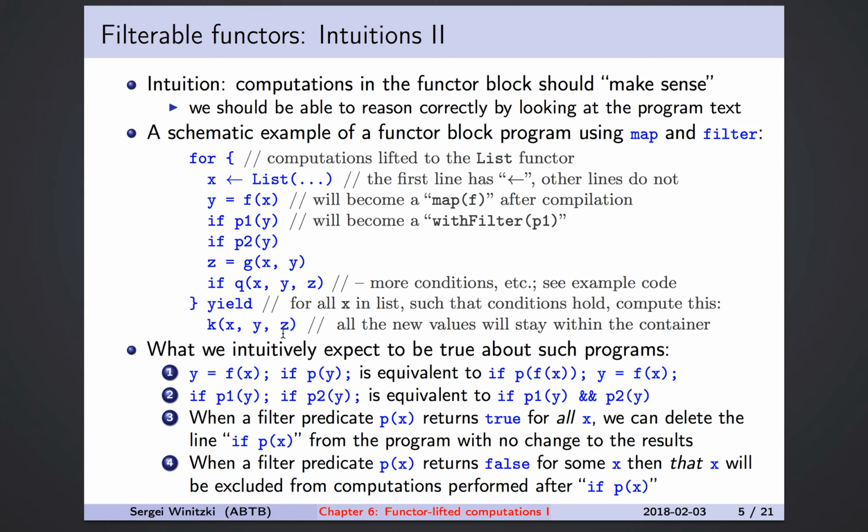So then the entire block will be computations, as we say, lifted into the list functor, or computation in the context of the list functor, which means that we have some data here, and we're going to manipulate this data, and the results are going to stay as a list container.